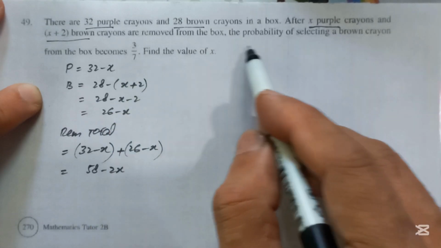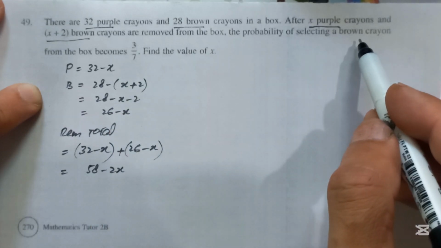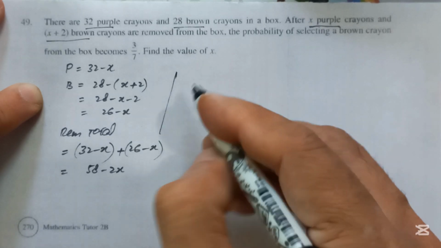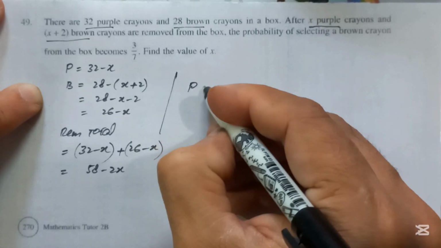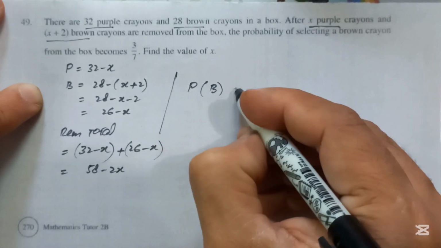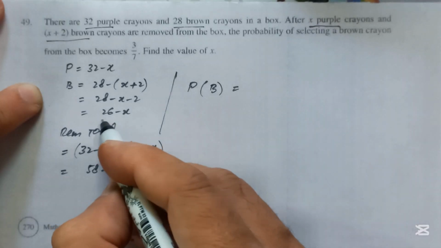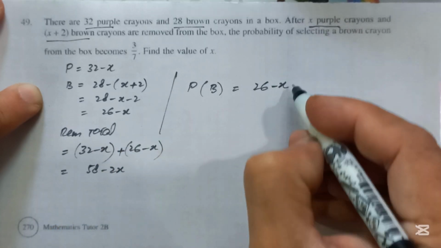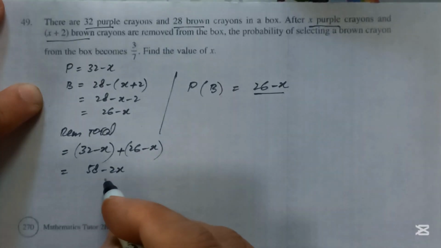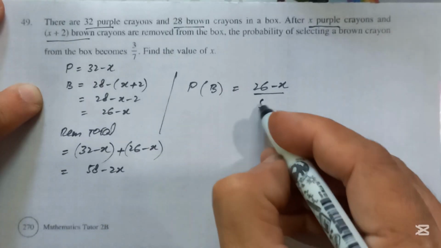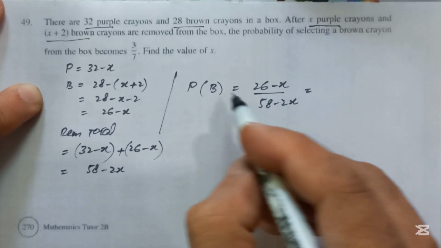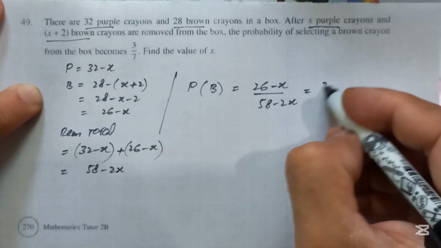The probability of selecting a brown crayon from the box becomes 3 by 7. Now the probability of brown: the favorable outcome is 26 minus x, and the total outcome is 58 minus 2x, and the probability will become 3 by 7.